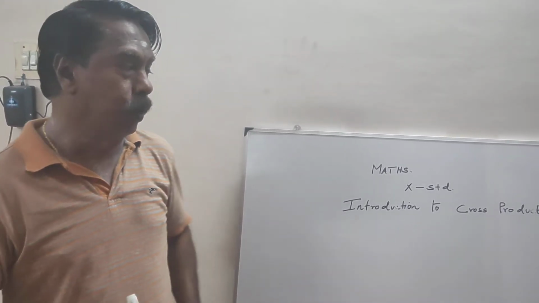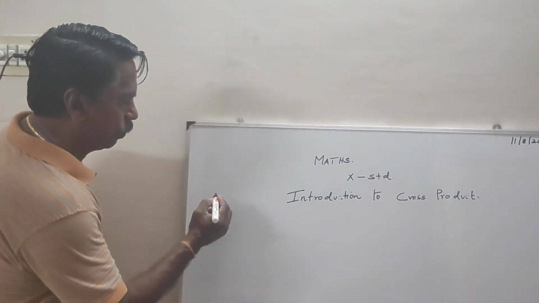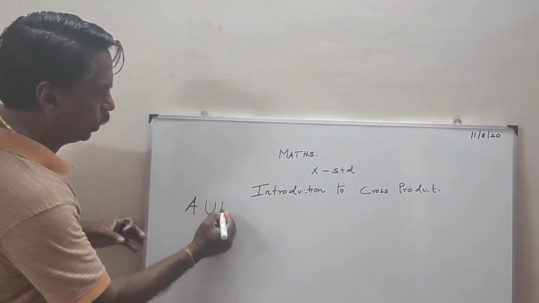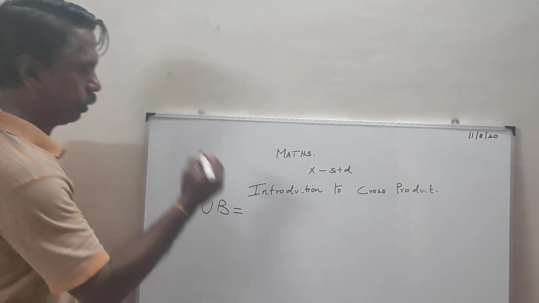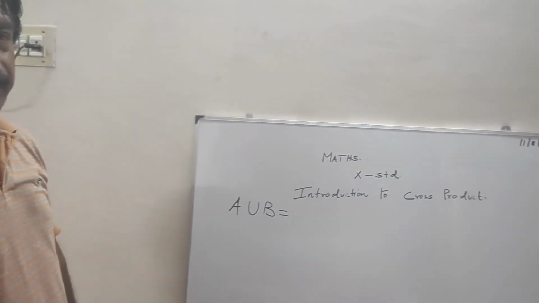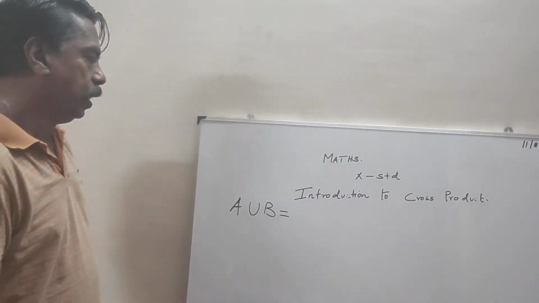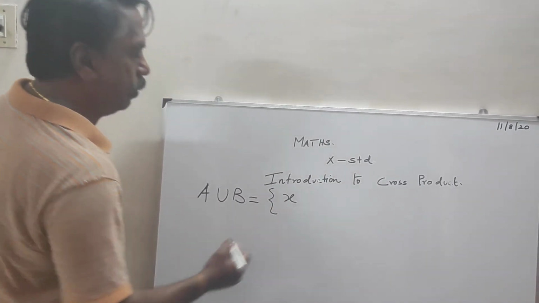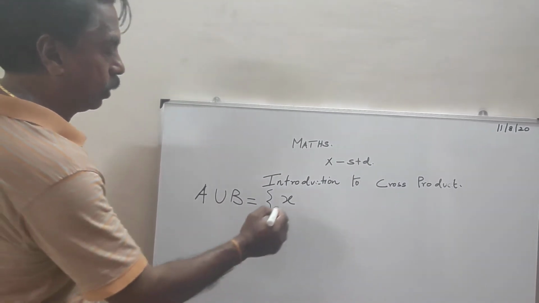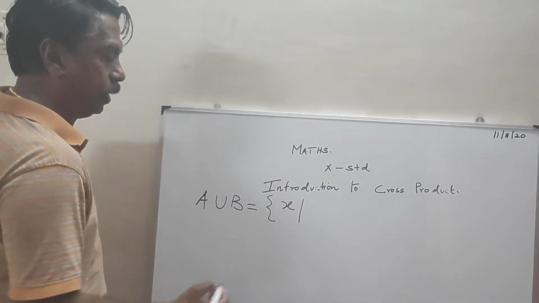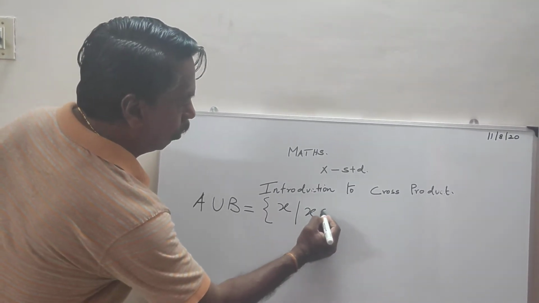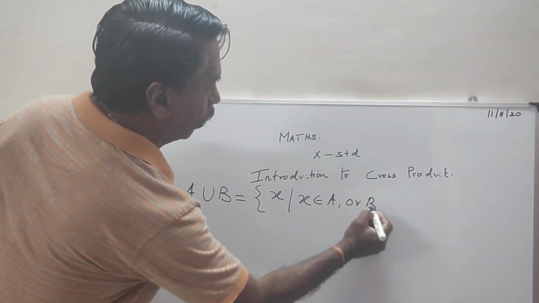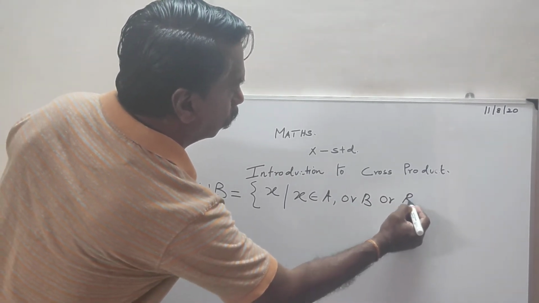Now, what is union? If we consider two sets A and B, the union of A and B is written as A union B. It is defined as the set of all elements X in A union B such that X belongs to either A or B or both.